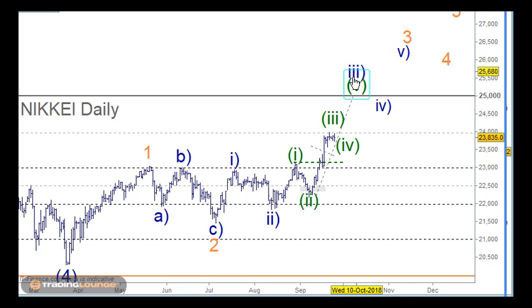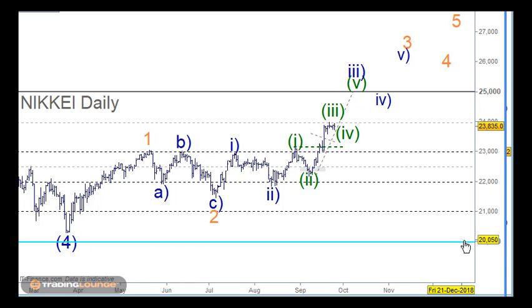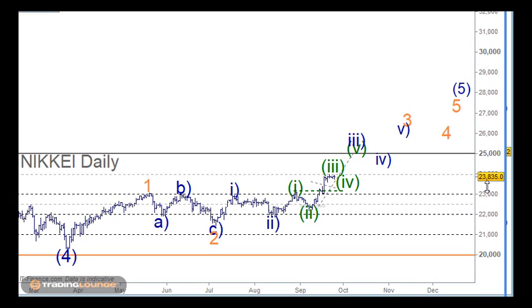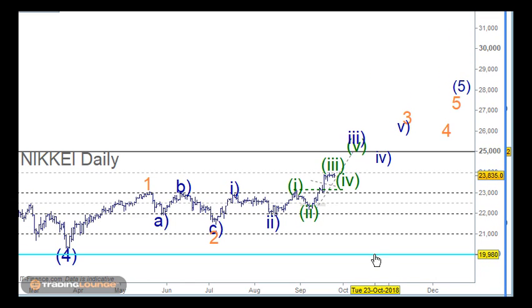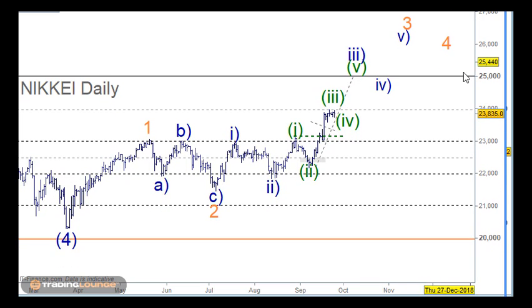Inside of the third wave we're looking for 5 waves of 1, 2, 3, 4, and then up for 5. The 25,000 is a medium level. It's halfway between 20 and 30 up here, so I won't grab that yet, but that's a medium level, major level, and we've got minor levels in here with minor 1, 2 and 3.